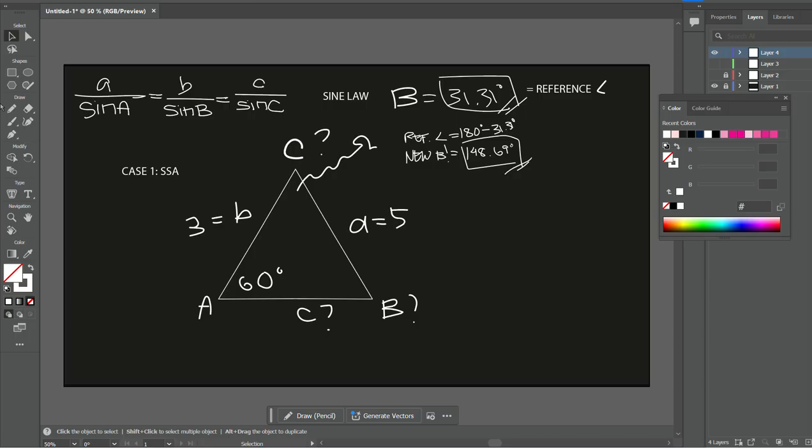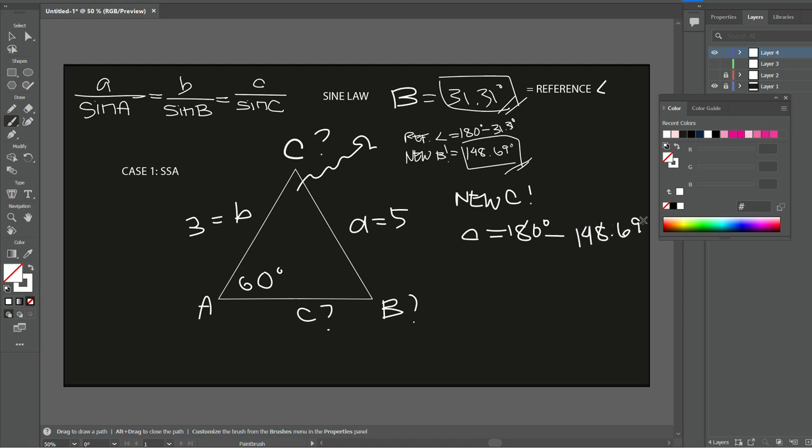So since you have a new b, it's also possible that you get a new c. Let me see if this is correct. I don't think it's correct.